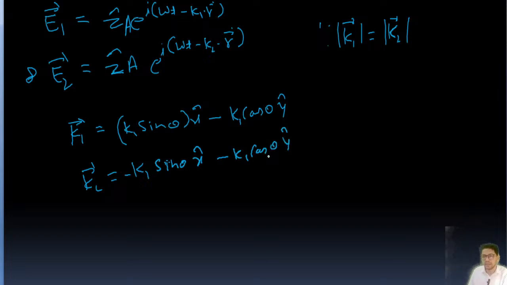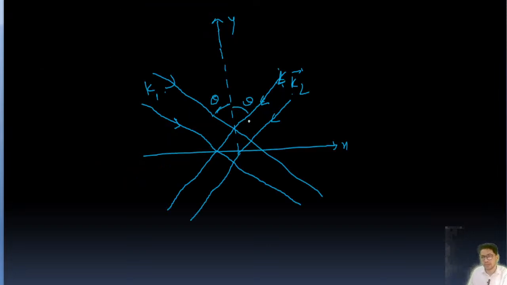These are the vectors for this one, right? Along this it is k1 cos theta, along the x-axis k1 sin theta. Similarly along k2, k2 cos theta, and along the x-axis k2 sin theta, right?